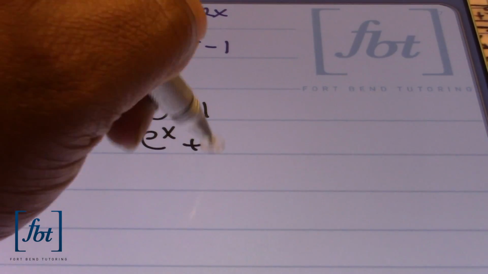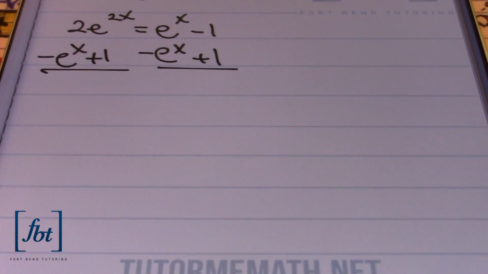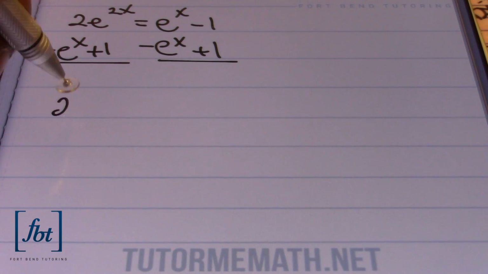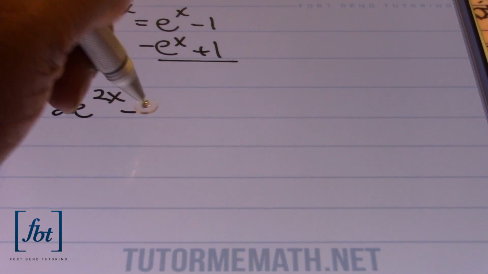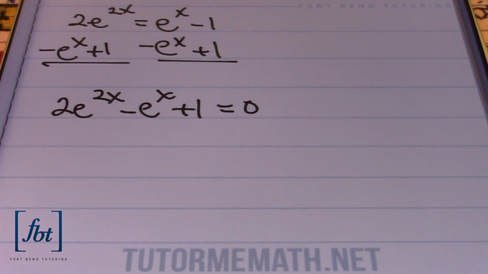And if you'll permit, I'm going to go ahead and add 1 to both sides at the same time. Then we're going to rewrite it as 2e to the 2x minus e to the x plus 1 equals 0. And once I have this, you know I'm going to use my substitution.